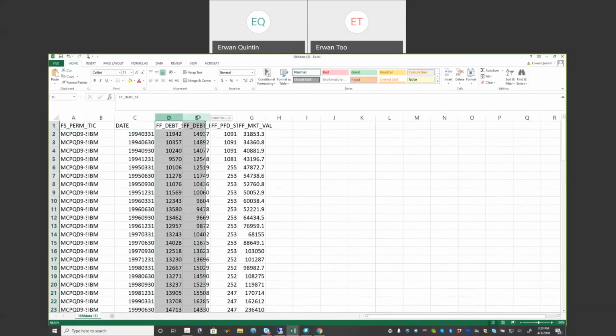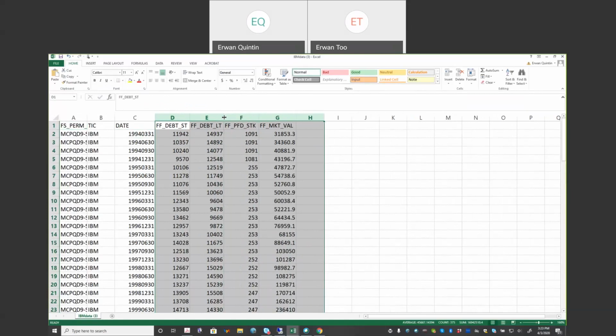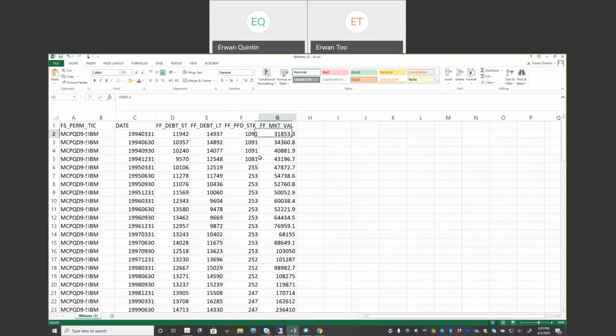I'm going to have all their liabilities. I have short-term debt, long-term debt. This is preferred equity, which for this purpose we're going to treat as debt. As you will see, it does not matter because IBM does not have much preferred equity. In fact, it does not have any preferred equity anymore. And this is the market value of its equity.